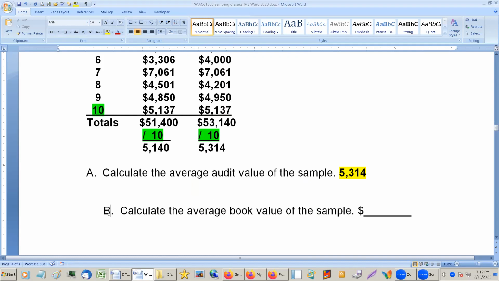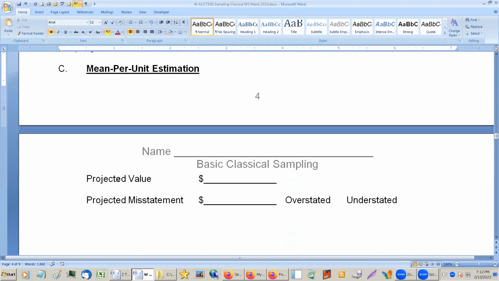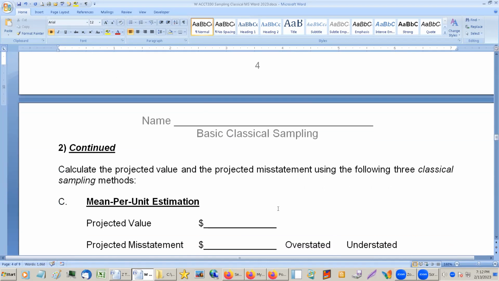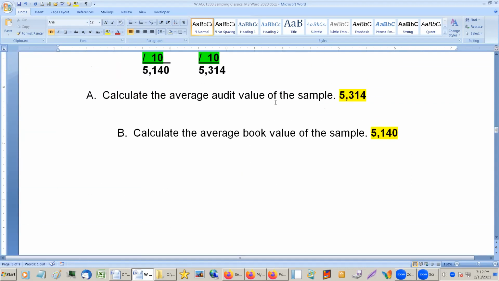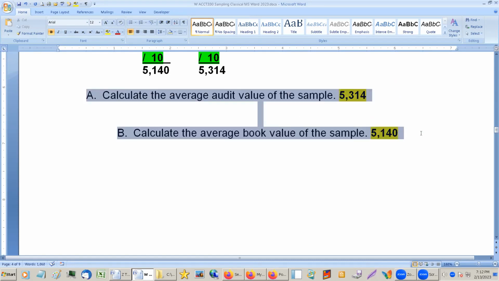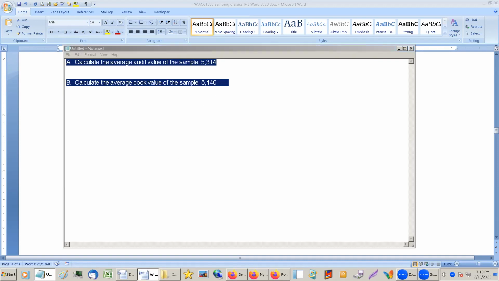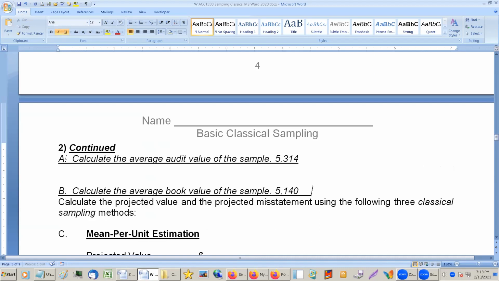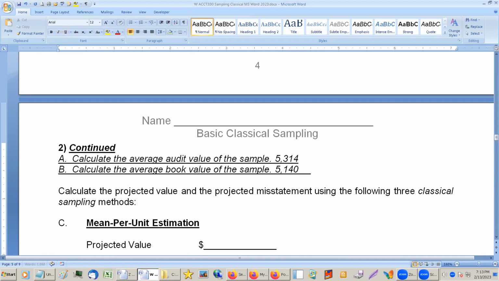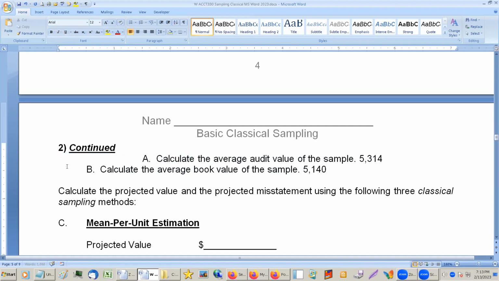Anyway, this is 15140. Part of the reason for going through here is I kind of want you guys to get used to not looking up the formulas, but just kind of thinking about what they're actually looking at.